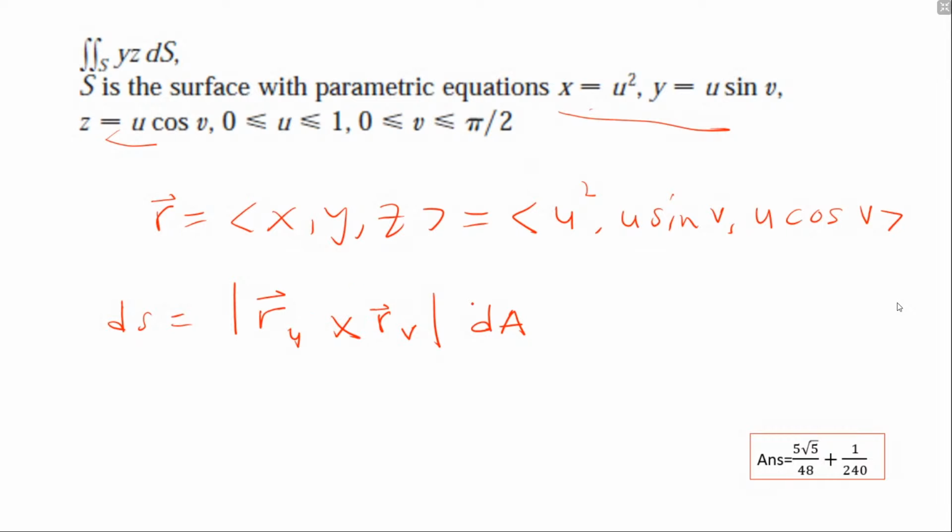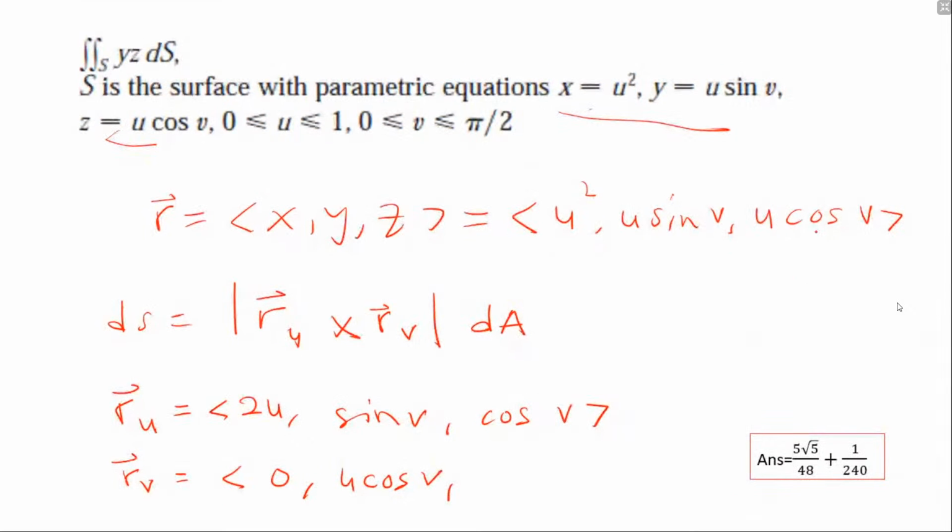So you need to multiply by your R here. Differentiating with respect to u, you should get 2u, sin v and cos v. Now differentiate with respect to v: you should get 0 because we have u squared, no v terms here. Sin v gives u cos v, and cos v gives negative u sin v.